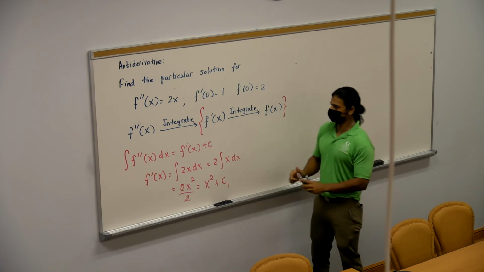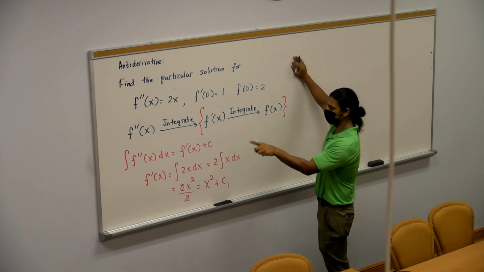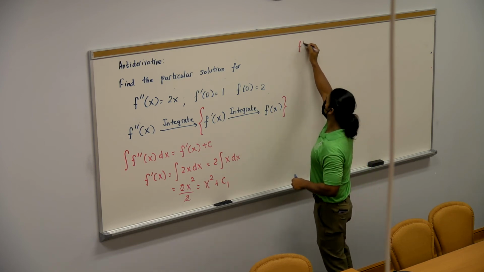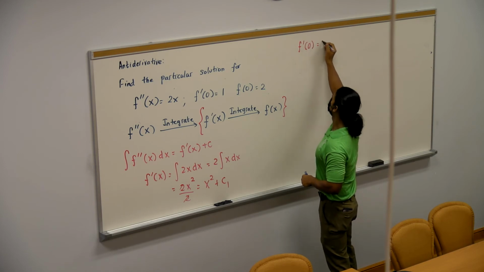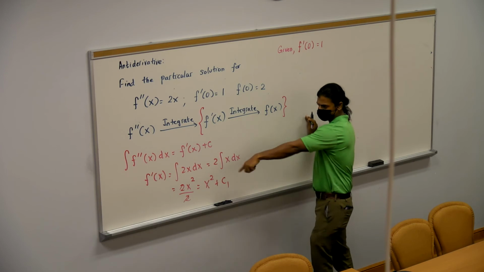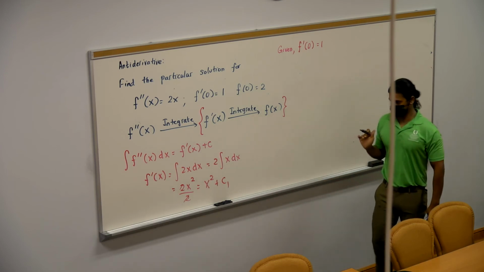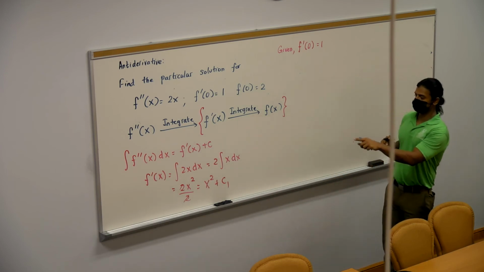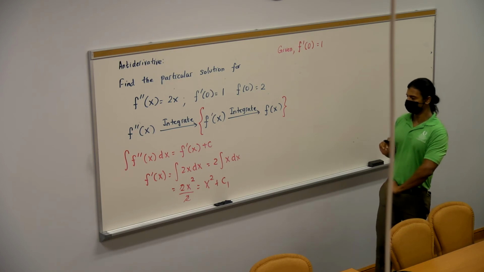So what is C1? Well, we know f prime of 0 is 1, and we just found f prime of x. f prime of x is x squared plus C1.